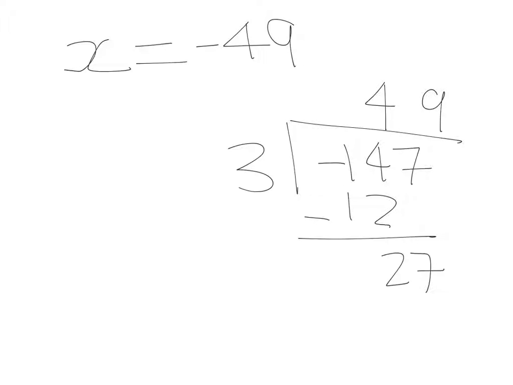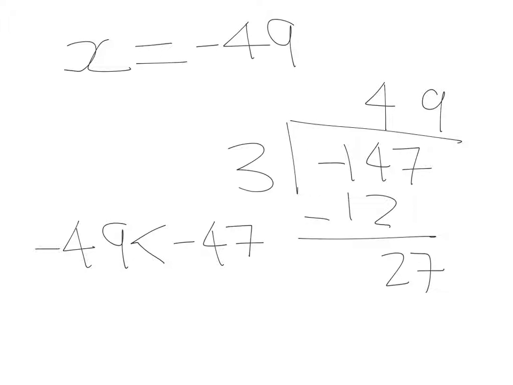You get me? So negative 49 would be the smallest, because negative 49 is smaller than negative 47.